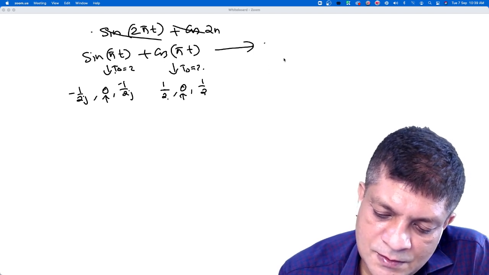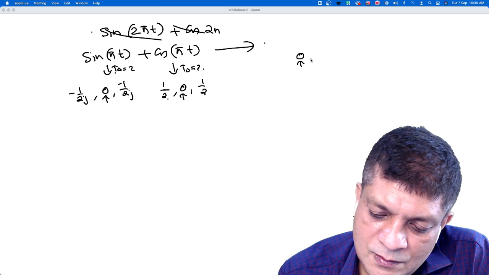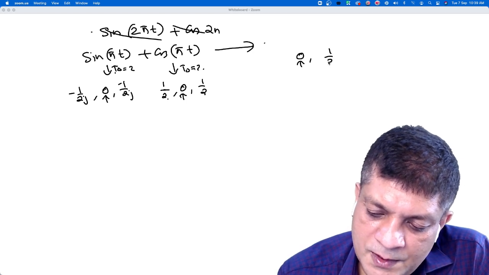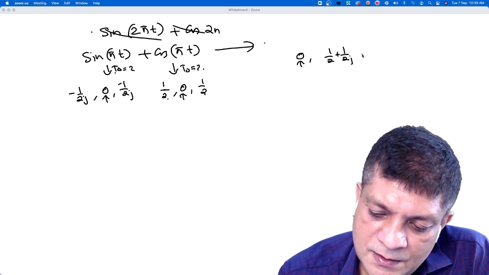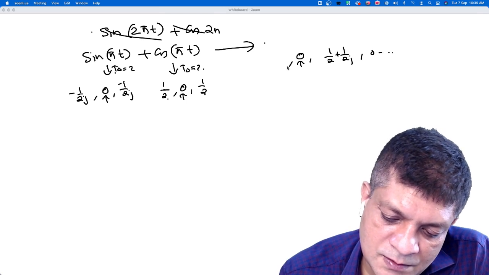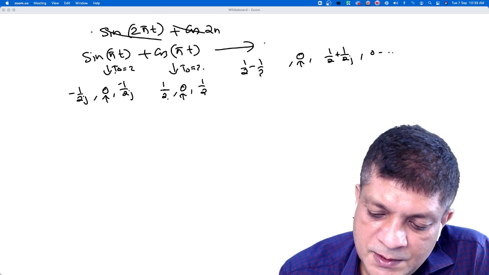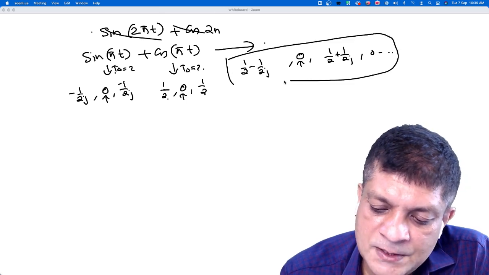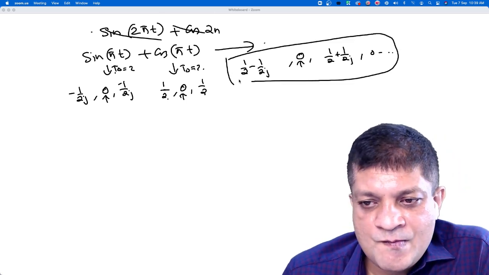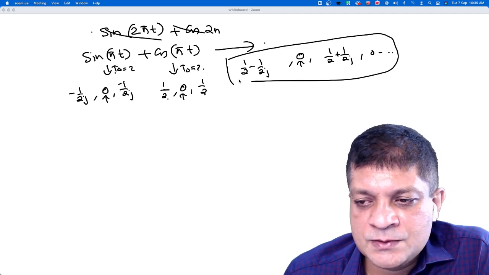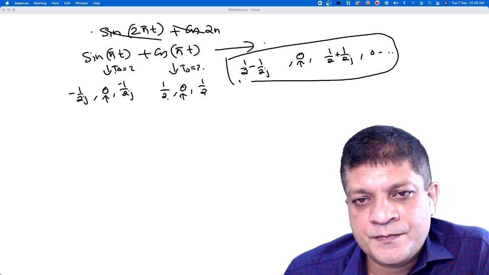Is it 0, 1 by 2 plus 1 by 2j? Then all are 0. Here it is 1 by 2 minus 1 by 2j. Is it this? Yes. We can directly use the linearity property.